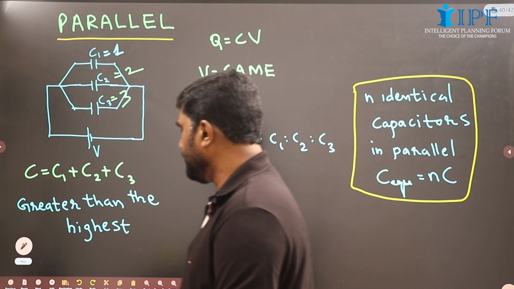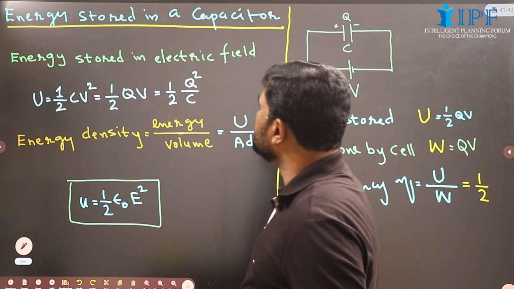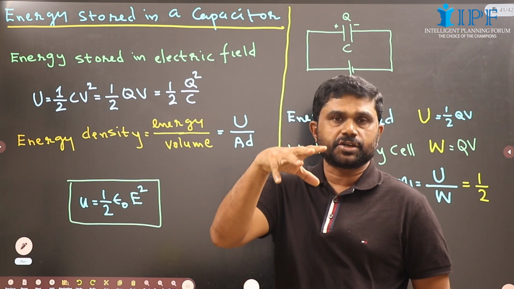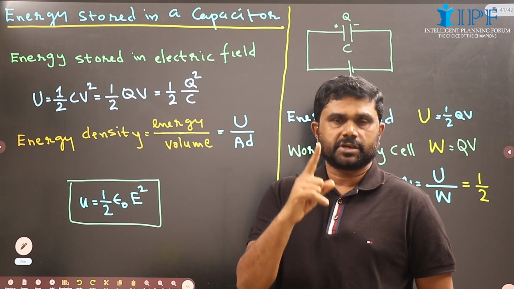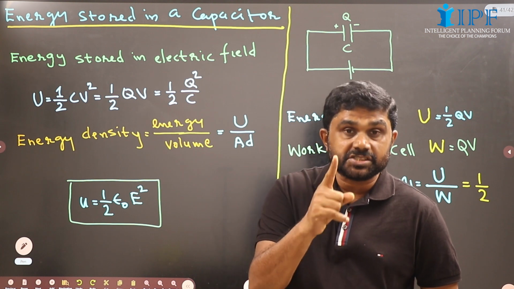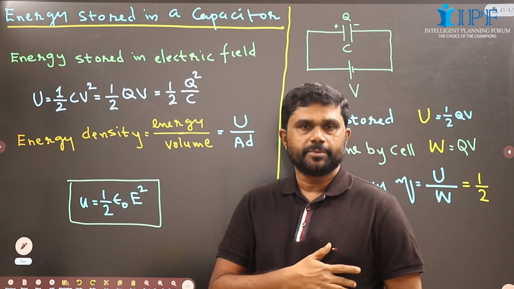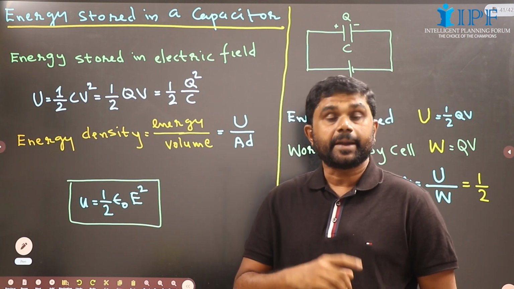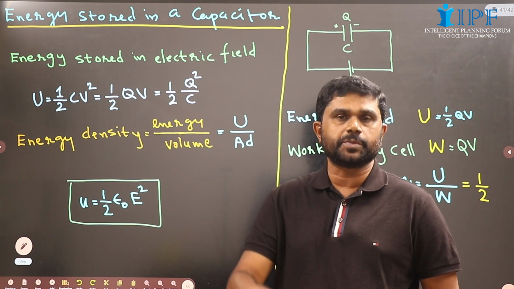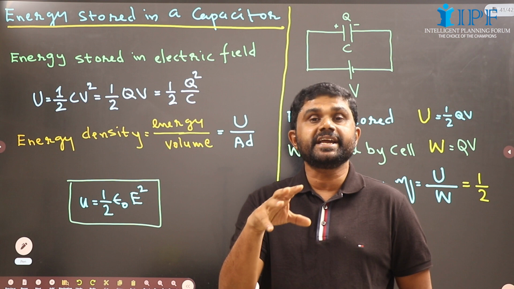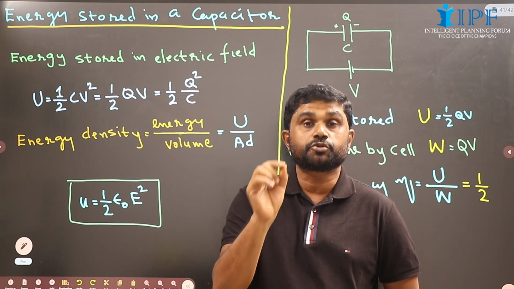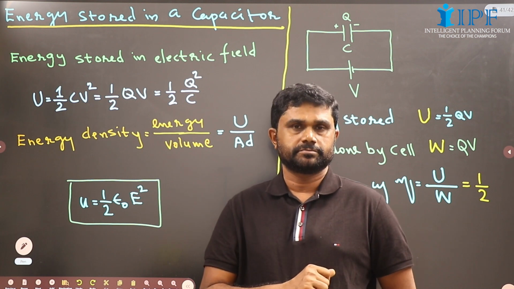Now let's see what is next here, energy stored in a capacitor. In electric circuits we have three elements: resistors, capacitors and inductors, in which resistors are called passive elements, means they dissipate energy. Capacitors and inductors are called active elements, they do not dissipate energy. All the three elements are used to control electric currents.